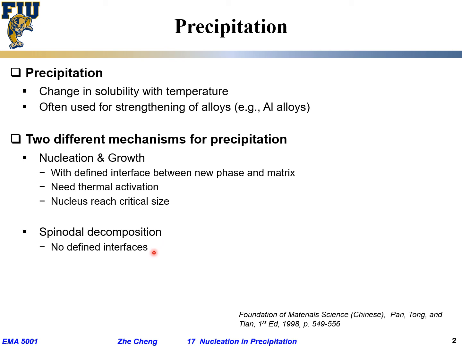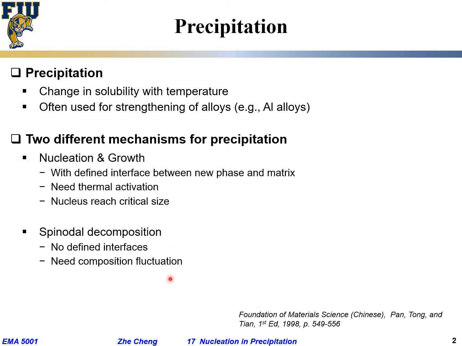For spinodal decomposition, there is no defined interface, which means at the beginning stage of the precipitation when the new phase forms, there's no distinct difference between the two phases, the new precipitate and the host. It's hard to pinpoint where that interface location is. It seems to be much more gradual in terms of lattice parameter and composition, and the crystal structure will always be the same between the precipitate and the host.